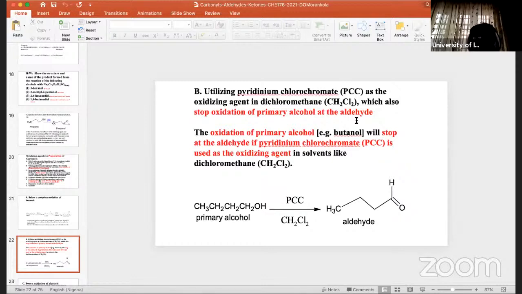It doesn't further oxidize to give the carboxylic acid, because that's not our target. So the oxidation of a primary alcohol, such as the butanol you have downstairs there, 1, 2, 3, 4, that's butanol, in the presence of PCC as our oxidizing agent and dichloromethane, will give us the corresponding aldehyde as our end product.